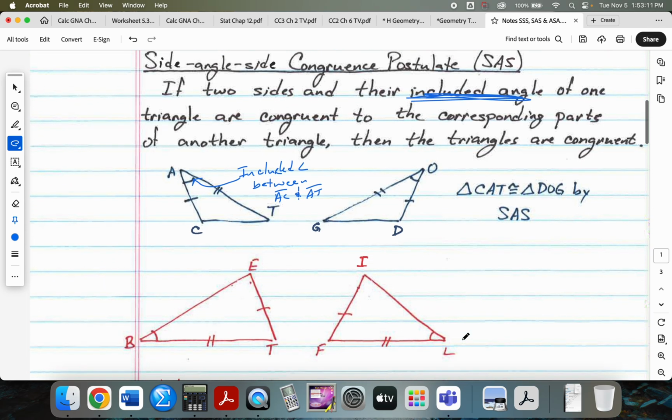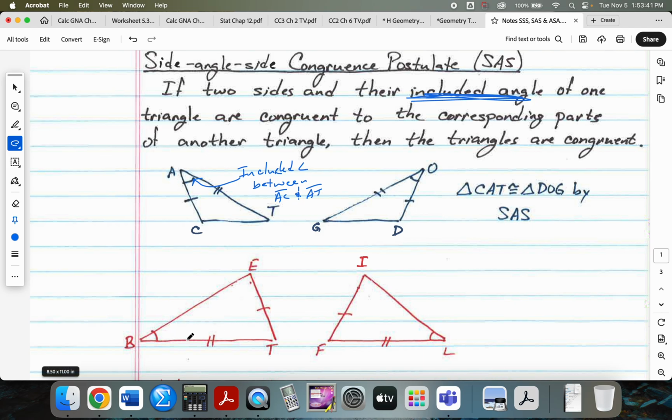Take a look at this example. Is this side angle side? No. Why not? You had to know the why not was coming. Is angle B between the 2 marked sides in this triangle?